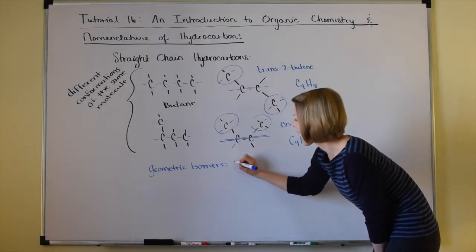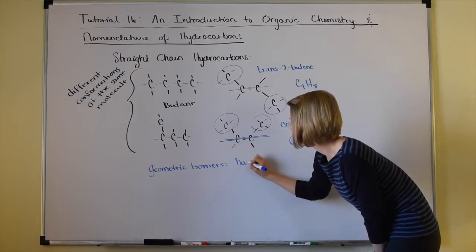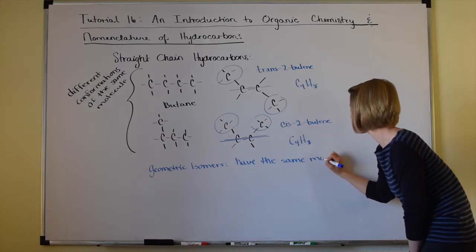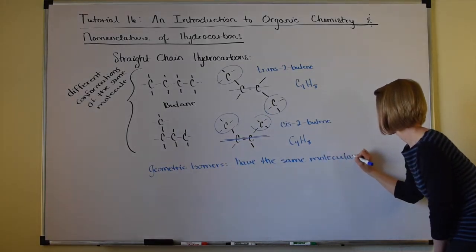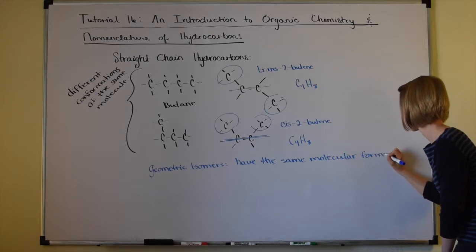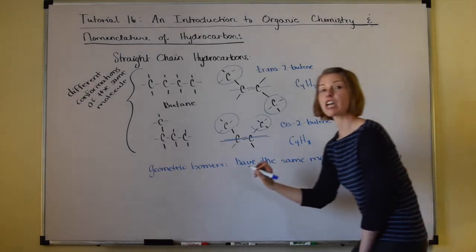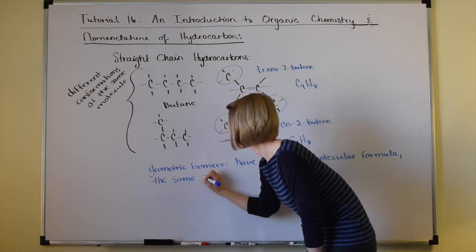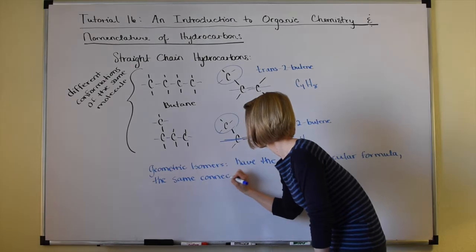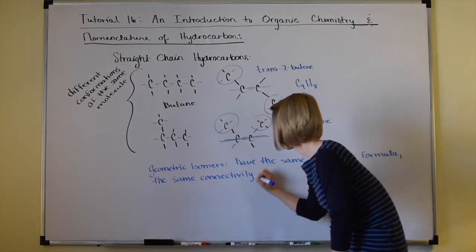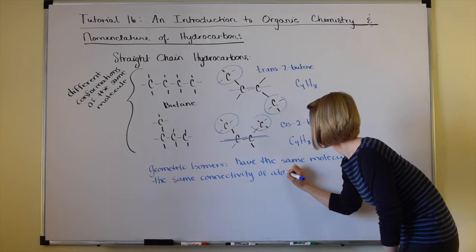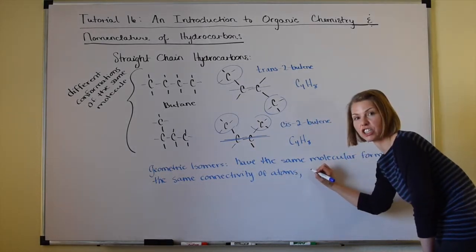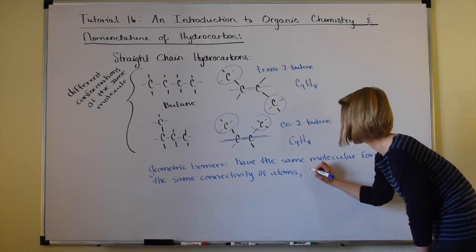Geometric isomers will have the same molecular formula, the same connectivity of atoms, but they will have a different three-dimensional orientation about a carbon-carbon double bond.